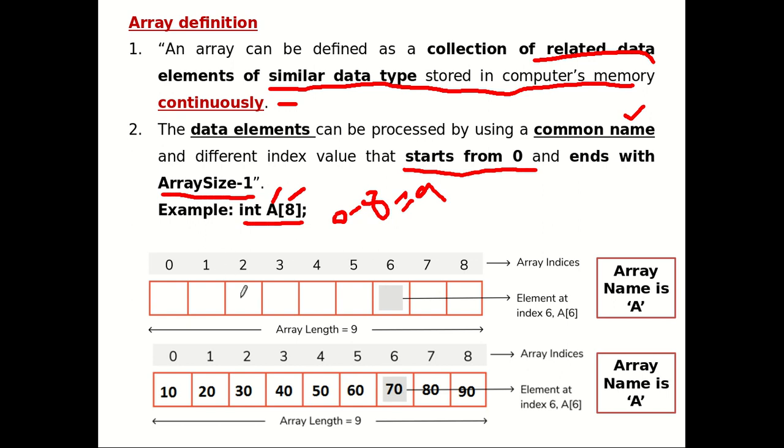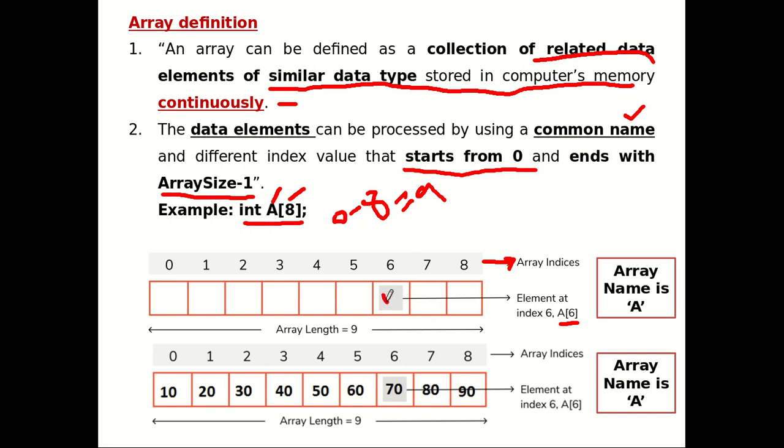In this picture you can see these are the indexes of the array and these are the memory locations which hold the elements of the array, and the length of the array is 9 here. See here a of 6 indicates the 6th location, the value at index 6.